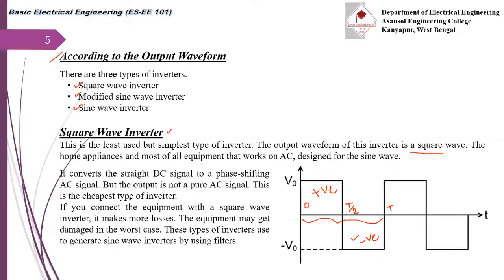This is the cheapest type of inverter. Now, if we connect equipment to a square wave inverter, it makes more losses. The equipment may get damaged in the worst case. This type of inverter is used to generate sine wave inverters by using filters.